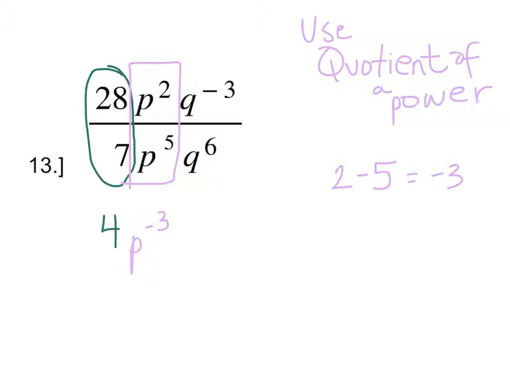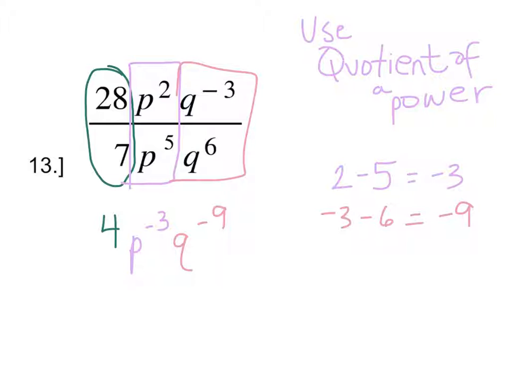And then we'd look at our q's. Keep the base, subtract the exponents, and we get negative 9. Now we should do one more step in simplifying. Because we have negative exponents, these should become positive fractions.